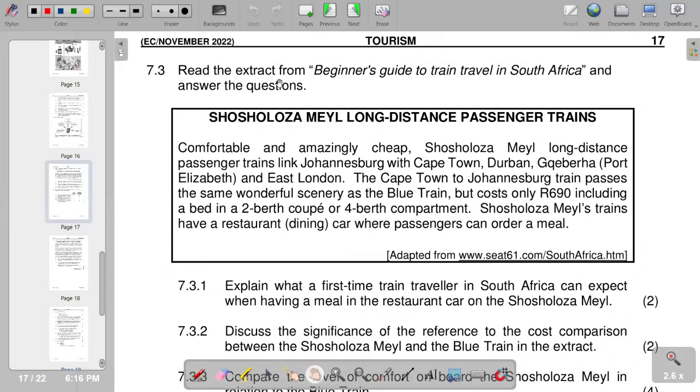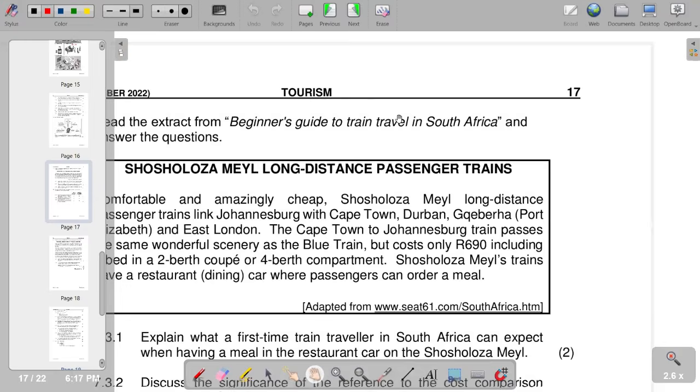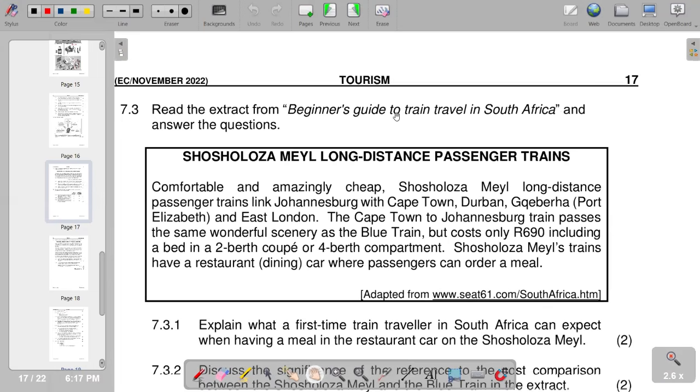So for question 7.3, you have to read this extract from the beginner's guide to train travel in South Africa and answer the questions. You're given an extract of the Shosholoza Meyl long distance passenger trains that you need to go through.